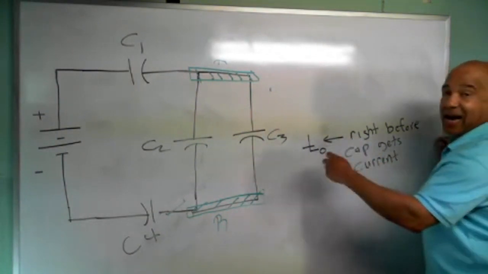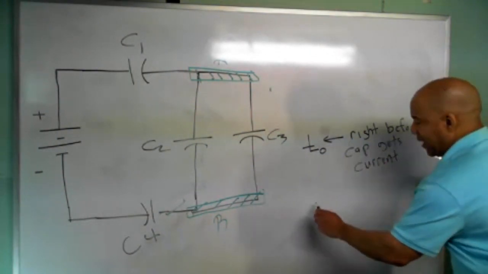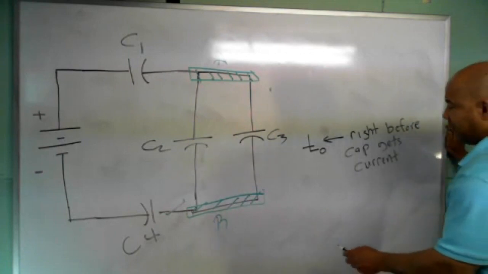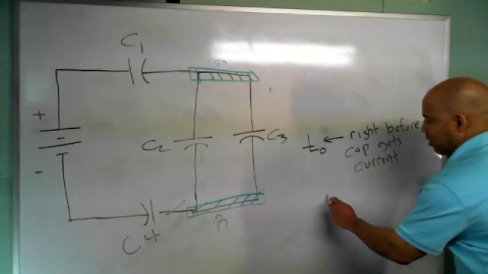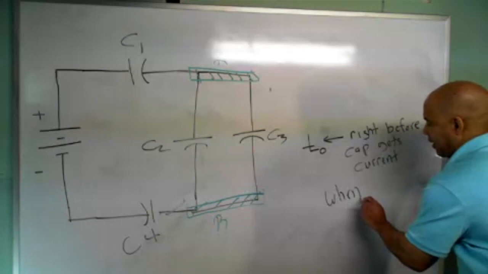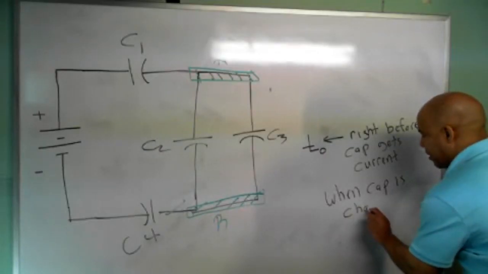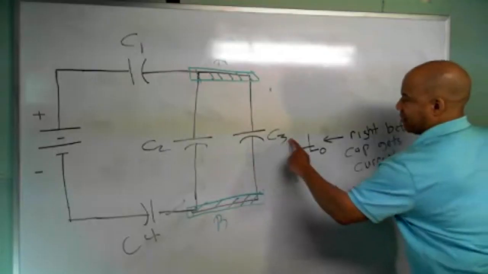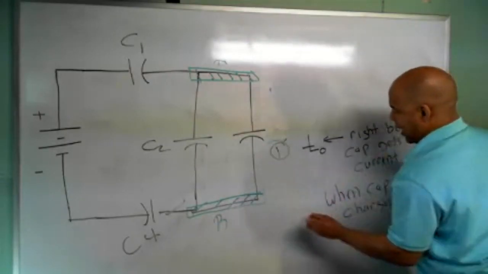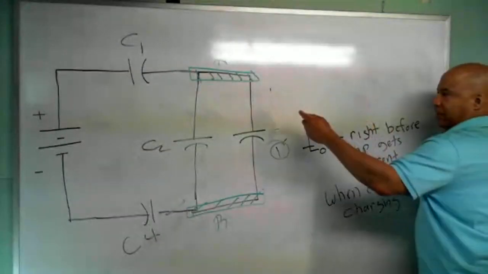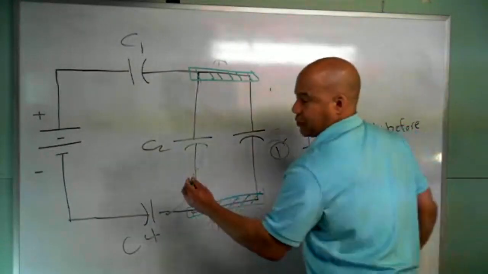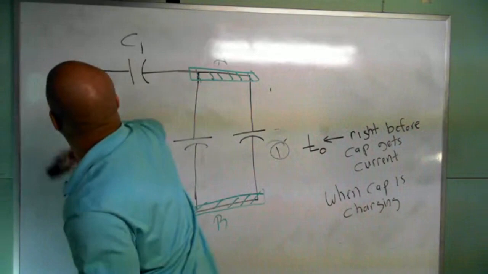So that's one time. The second time is, I don't know what to call it. The second time is when the cap is charging. Let's say I have a capacitor circuit. I'll show you real quick.